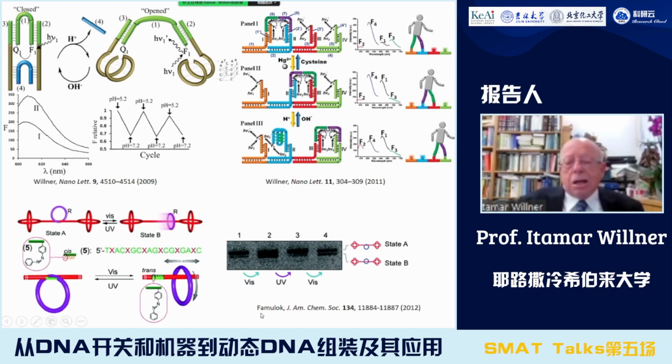This is a nice example demonstrated by Famulok, where he generated a rotaxane made of DNA that was bound to an axle and blocked by bulky units made of DNA. As an auxiliary unit, he used the azobenzene-modified strand.